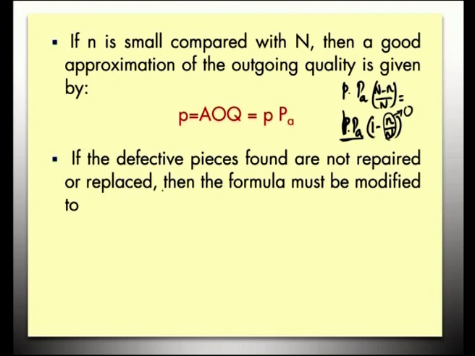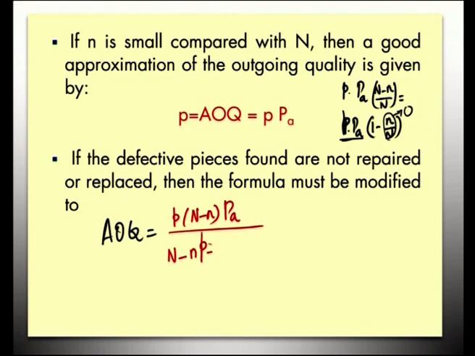If the defective pieces found are not repaired or replaced, then the formula must be modified to AOQ equals P into (N minus n) into PA divided by capital N minus NP minus P into (1 minus PA) into (N minus n). So many things have to be subtracted from the lot.